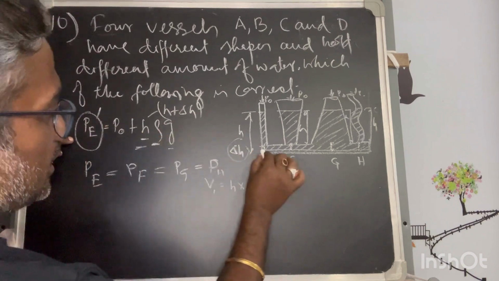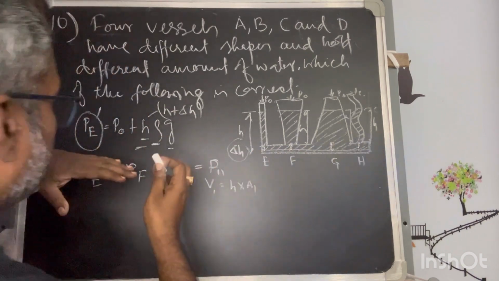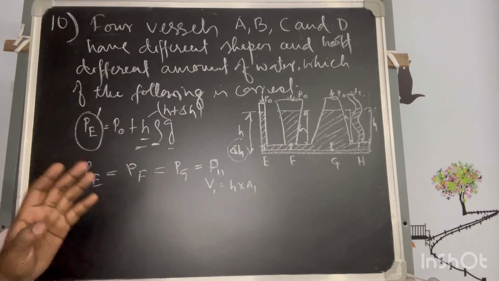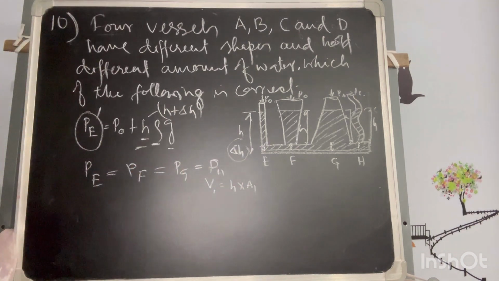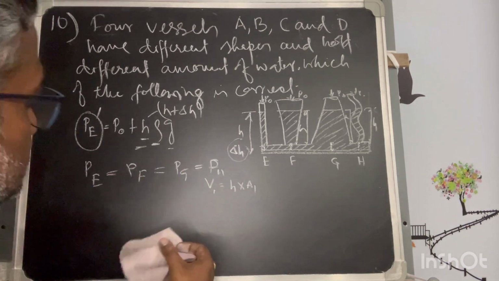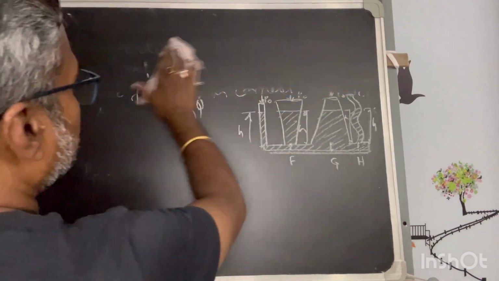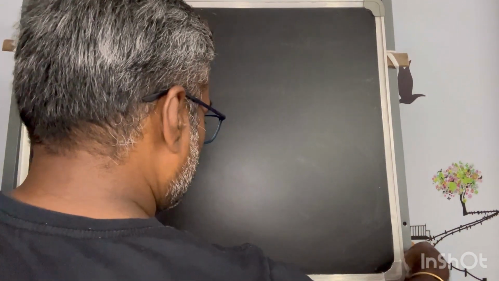So with that reference, the other one also will be increased in the same way. So the correct answer, if this option has been given, will be your correct answer. We have taught this several times during the theory portion. So this is a logical one, and this is the answer, that every pressure on a same horizontal line does not depend on the shape, it depends on the height.